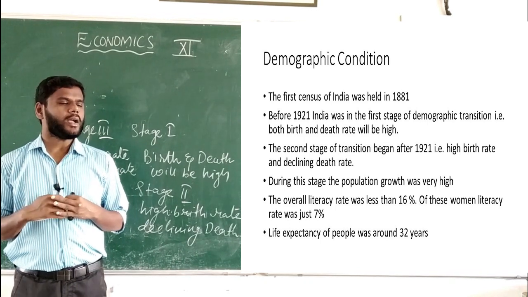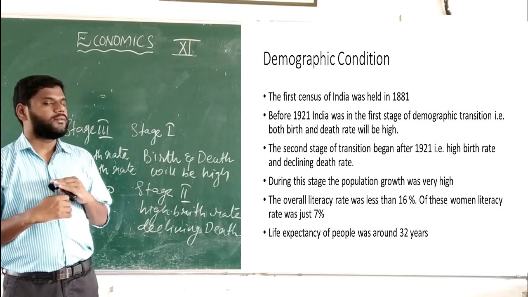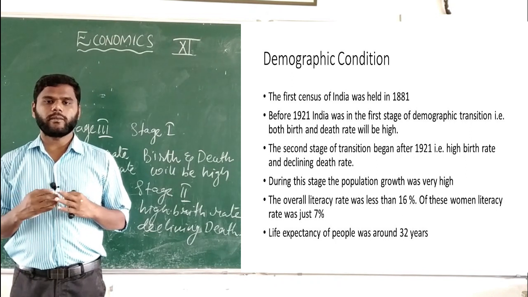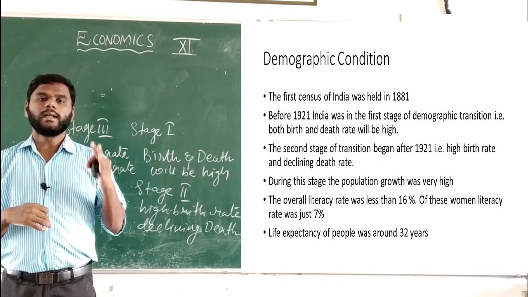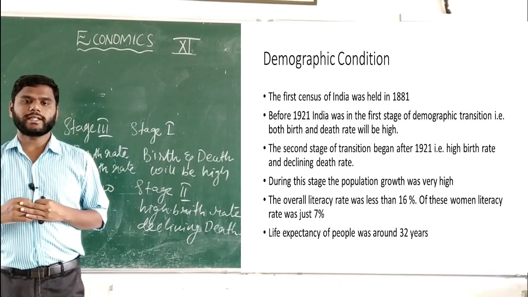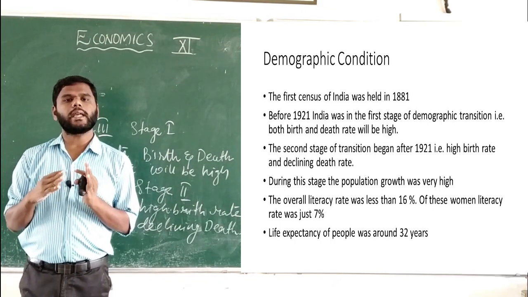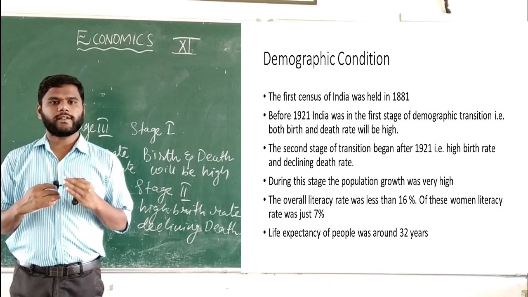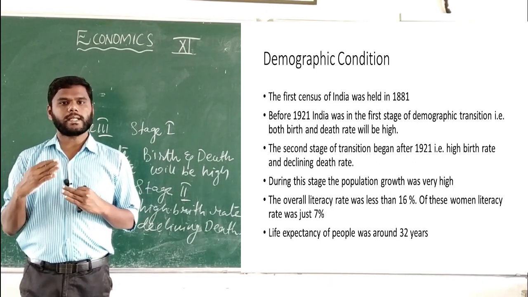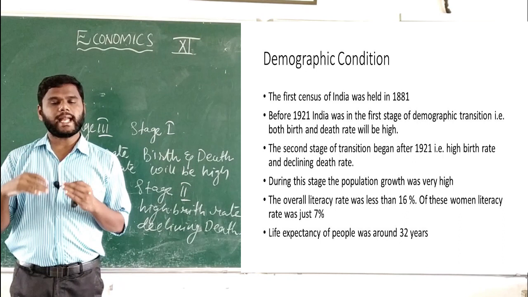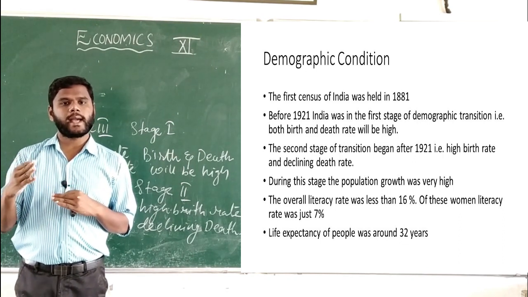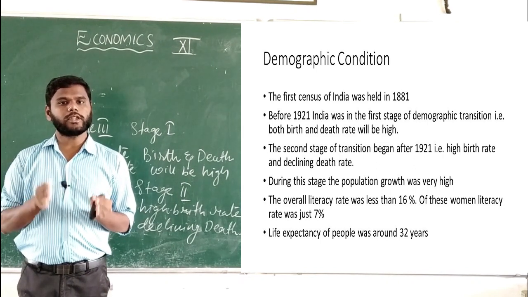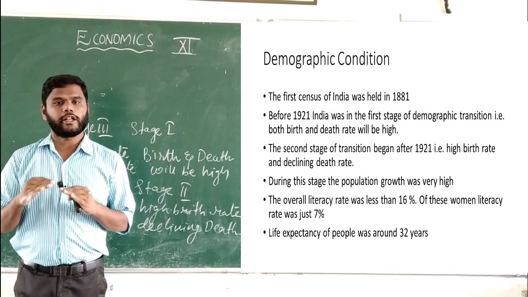So here we discussed the demographic condition. Before going to it, we had to study the theory of demographic transition. According to the theory, there are 3 stages. In the first stage, both birth rate and death rate will be high; in the second stage, birth rate will be high and the death rate is on a declining trend; and in the third stage, both birth rate and death rate are low.